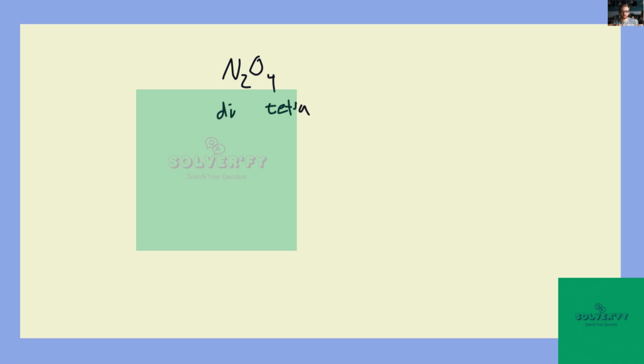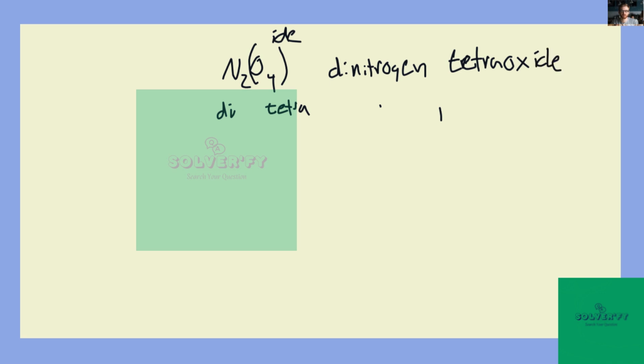So we say dinitrogen tetra-ox, and then whatever is on the right-hand side of our formula, instead of just calling it oxygen or iodine or whatever its name happens to be, we'll have it end in ide. So it'll be tetroxide rather than tetroxygen. We just take the first basically vowel sound of it and then add ide to the end.